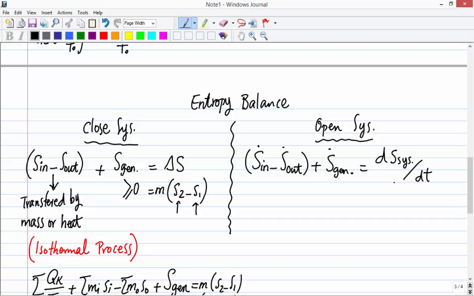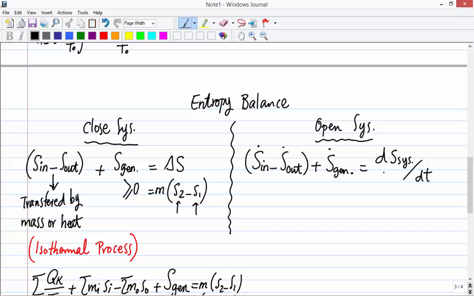And if the process is steady state, then the right side would be 0 because nothing changes. It would be identical. If I look at the entropy now, and if I go home and come back tomorrow, the entropy would be the same. So there's no change in total entropy of the system in time.